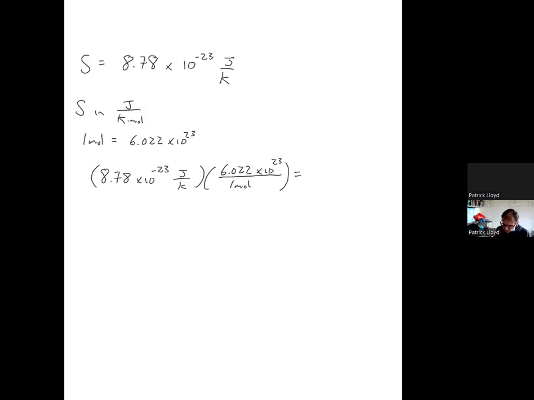Okay, and then you can see what's going to happen. Your units are going to be joules per K mole. The 10 to the negative 23rd and the 10 to the positive 23rd, multiply those together, you get 1. So really all we need is that 8.78 times 6.022, and what you get is 52.8 joules per K mole.